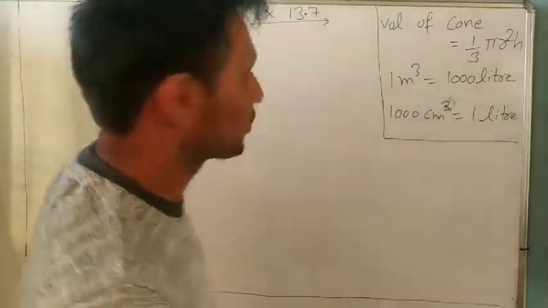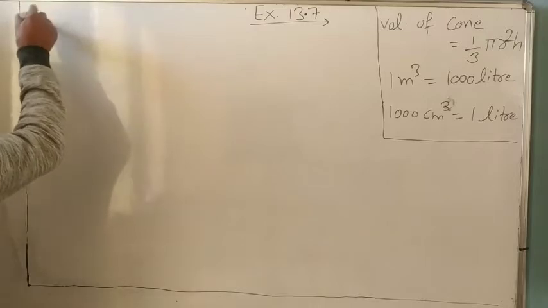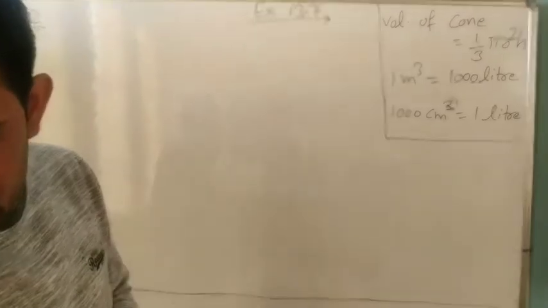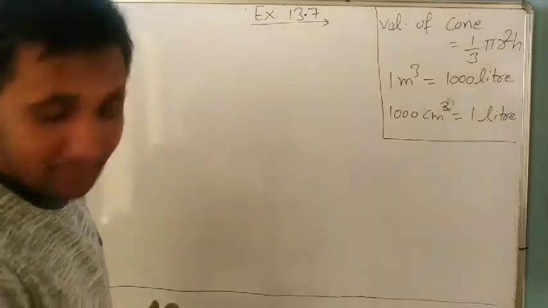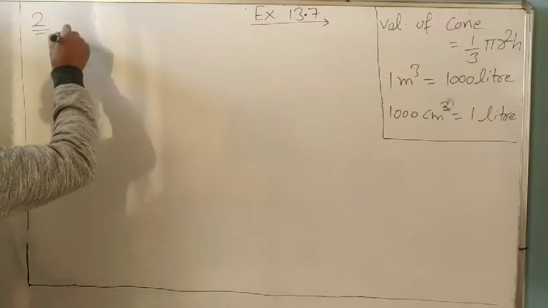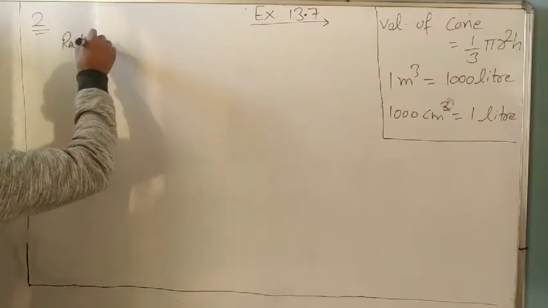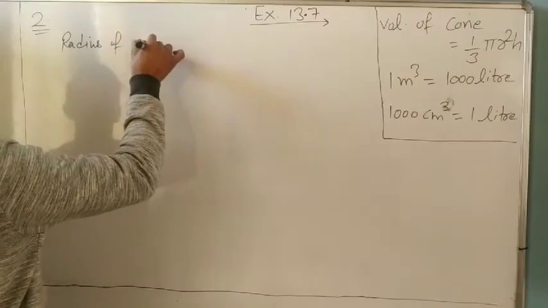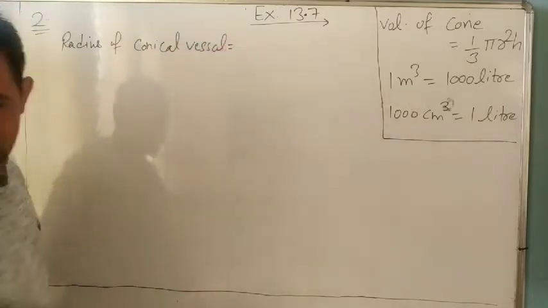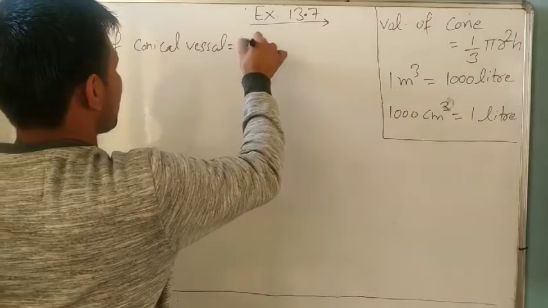So next is second question. Find the capacity in liter of a conical vessel whose radius is 7. So write radius of conical vessel, 7 centimeter.